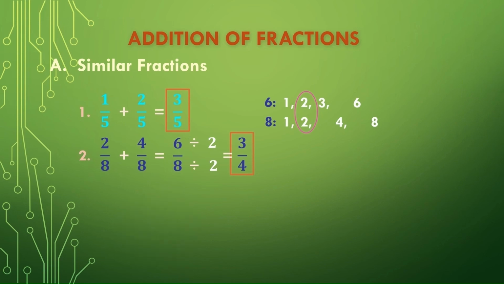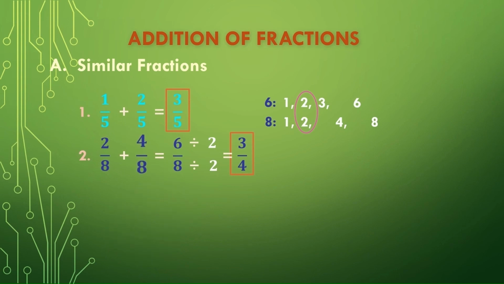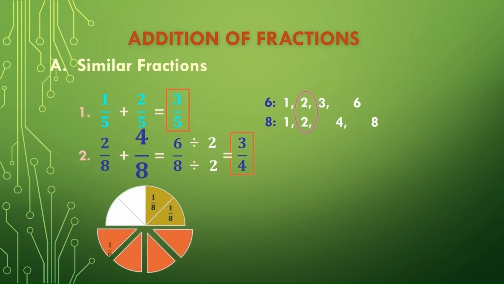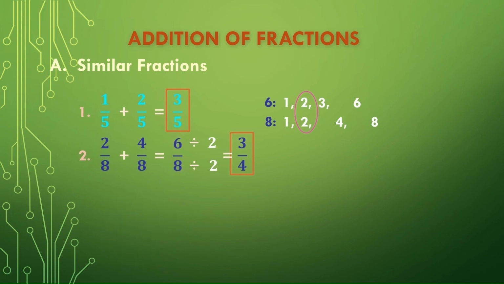In the example, we added 2/8 and 4/8. 1, 2, and 1, 2, 3, 4, which is equal to 6/8: 1, 2, 3, 4, 5, 6. This is how 6/8 looks like.